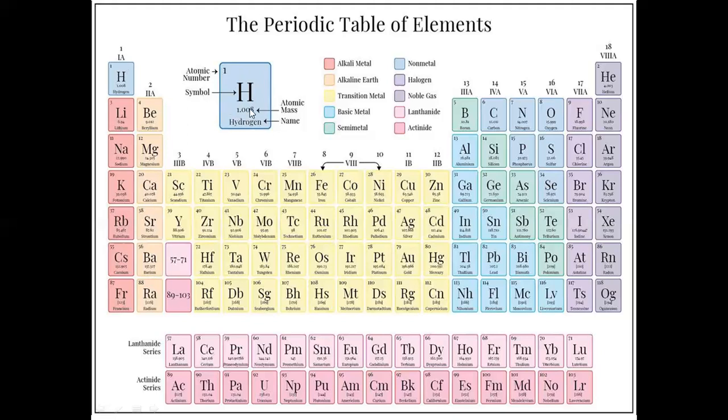The next concept is mass number. What is the mass number? The atomic mass, or mass number, is the sum of the weight of the protons and the neutrons. Protons and neutrons together is the atomic mass. Remember the difference between atomic number and the mass number.